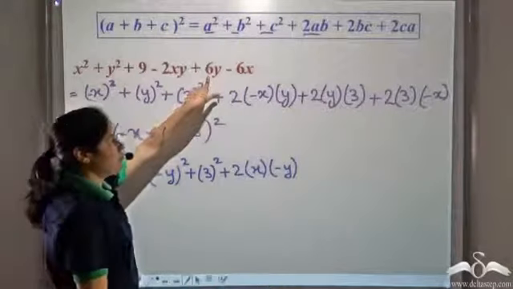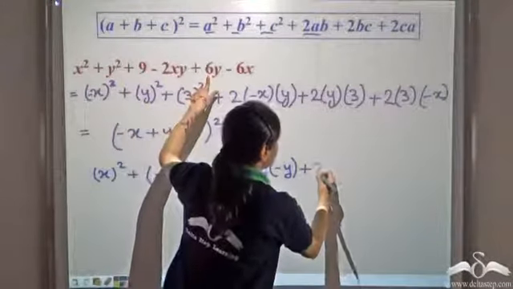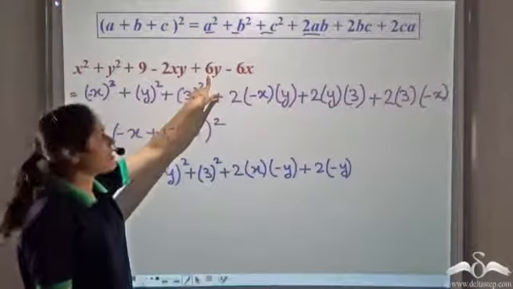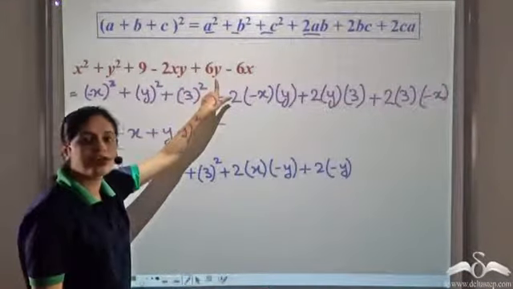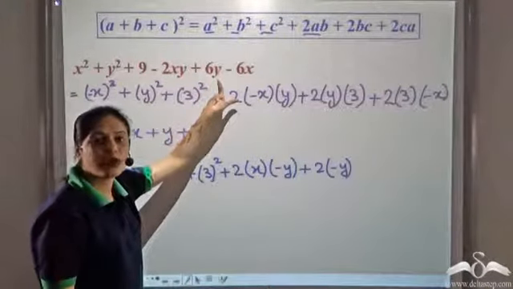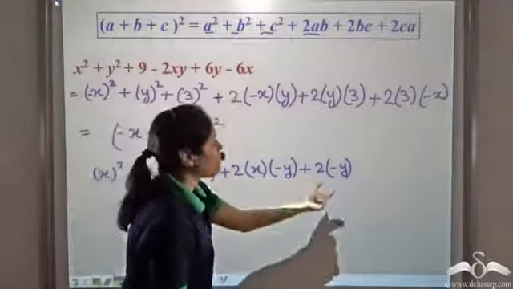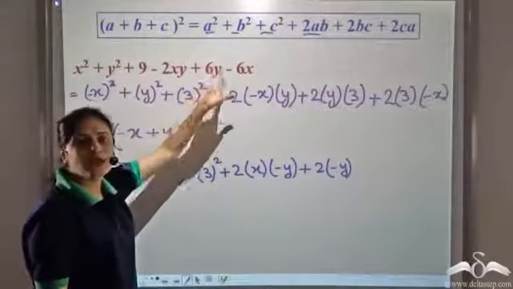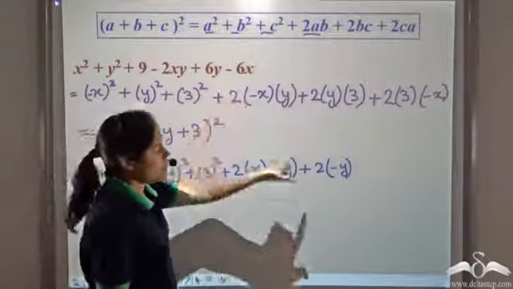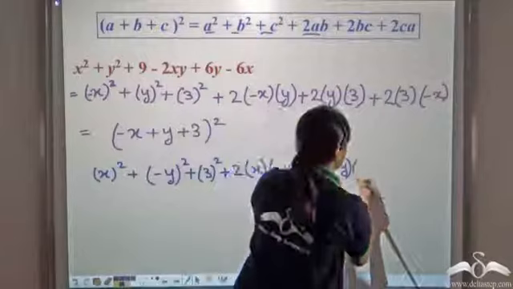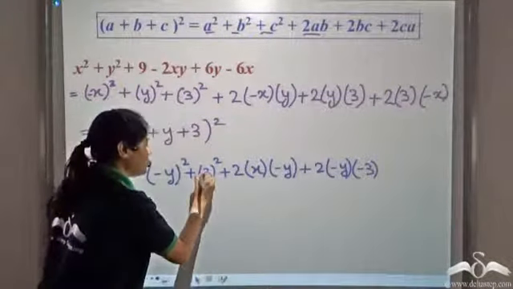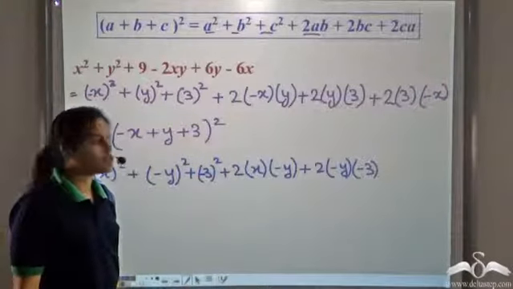Now this term is 6y: 2 into negative y into negative 3 will give me 6y. So even 3 has to be negative. Why? Because the product is positive. So both the terms have to be negative. So I take negative 3, and even here, I take negative 3 whole square.